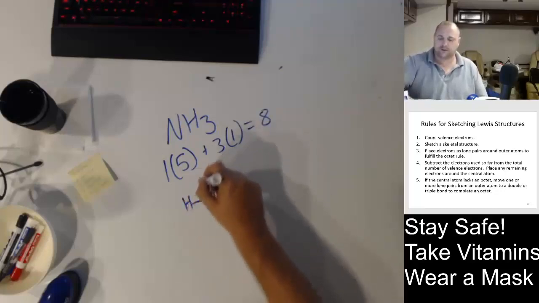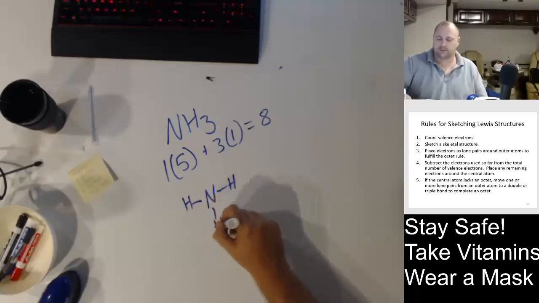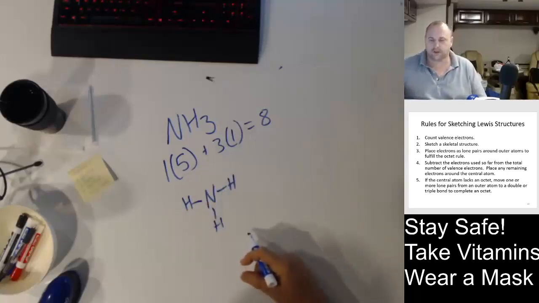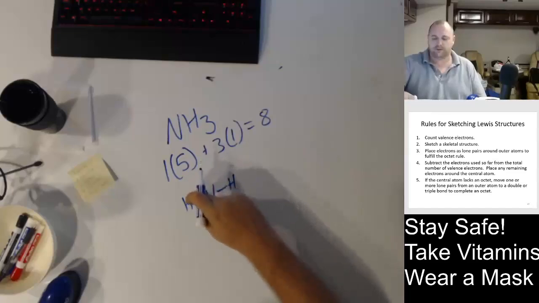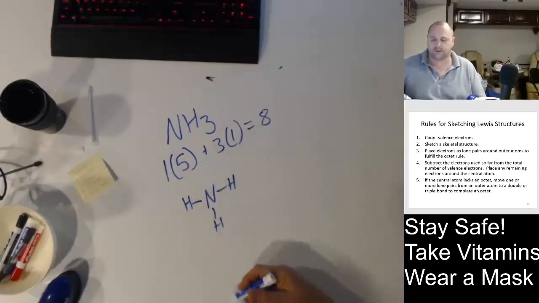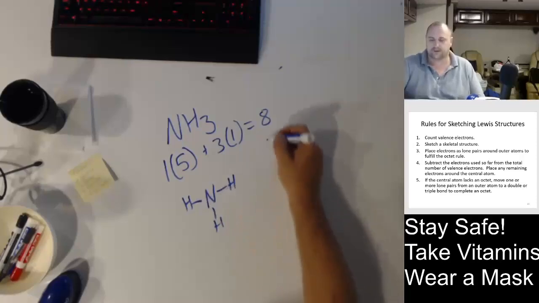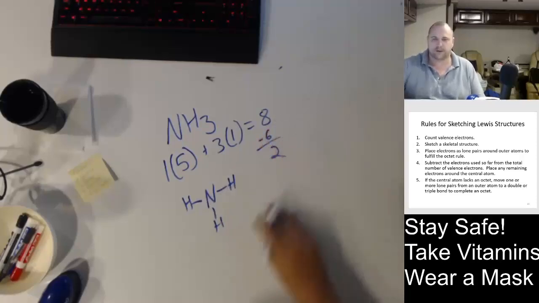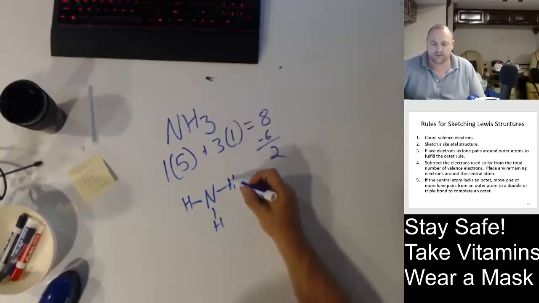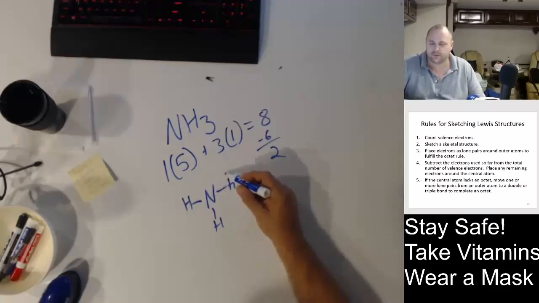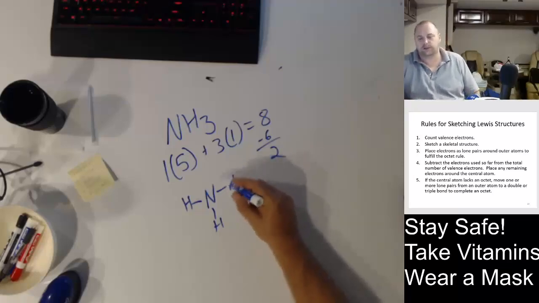Now I can put this hydrogen up top. I could do that one. I just need 3 of my 4 boxes around my nitrogen to have those. Now I've just used 2, 4, 6 electrons. We've got 2 left. Now, step 3 says put them on the outside. Remember, hydrogen already has 2 here, so it's already happy. Hydrogen can only hold 2 electrons.